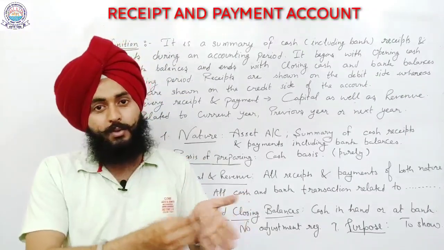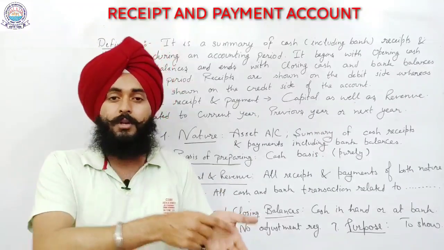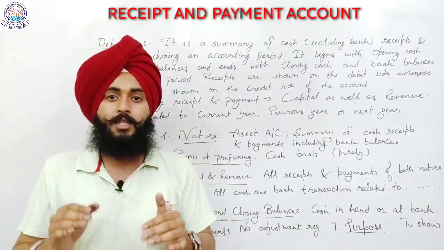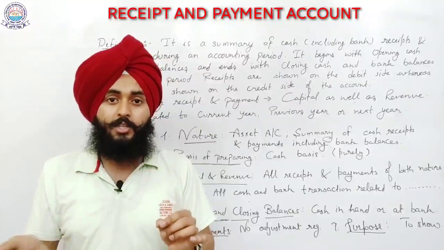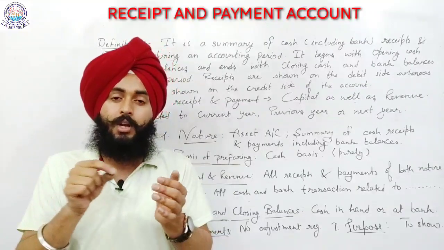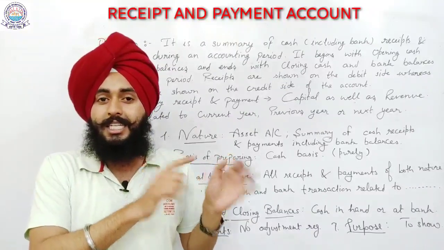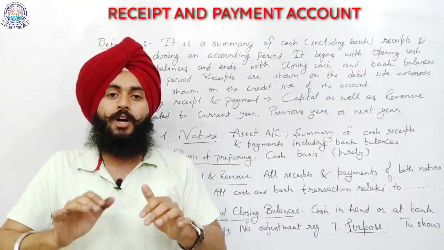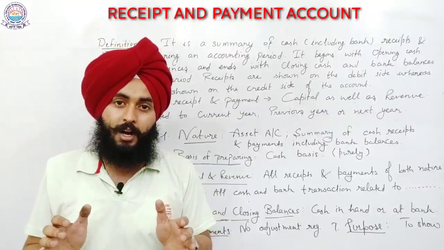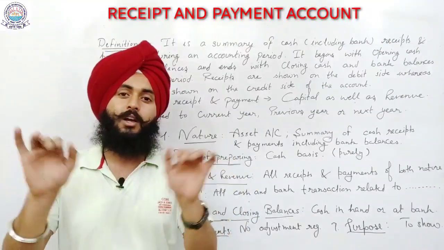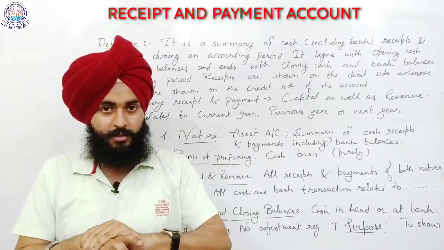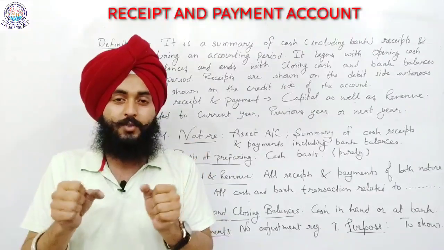Cash account debited to subscription, then again cash account debited to subscription. So many times it happens. To summarize all the subscription amount, we will write subscription only one time in the receipt and payment account. That's why we make the receipt and payment account, to summarize all the cash and bank related transactions. I hope you got this one also.